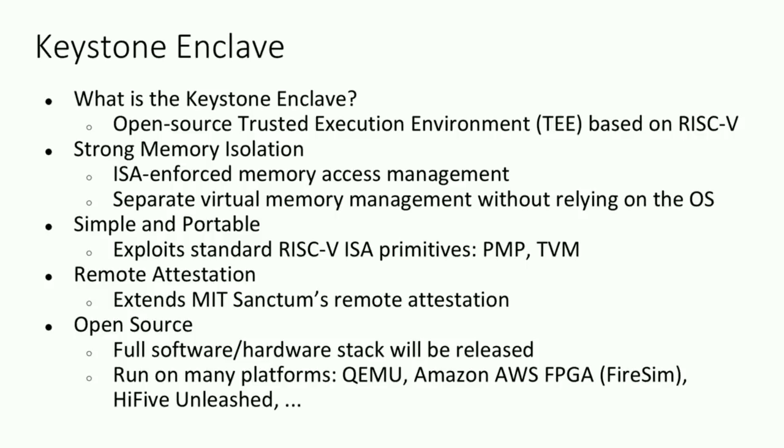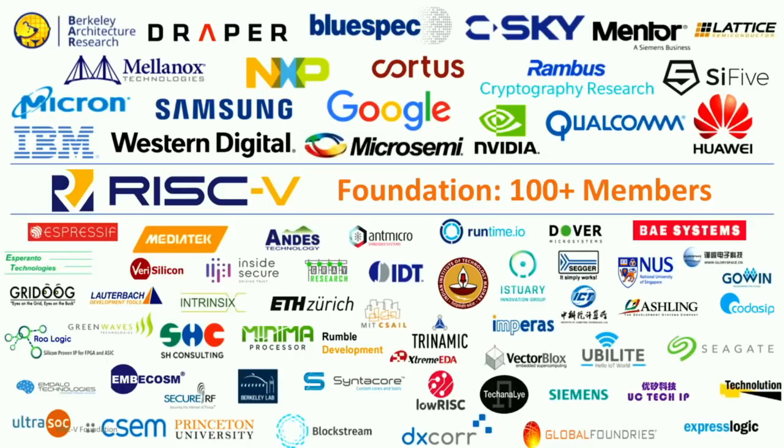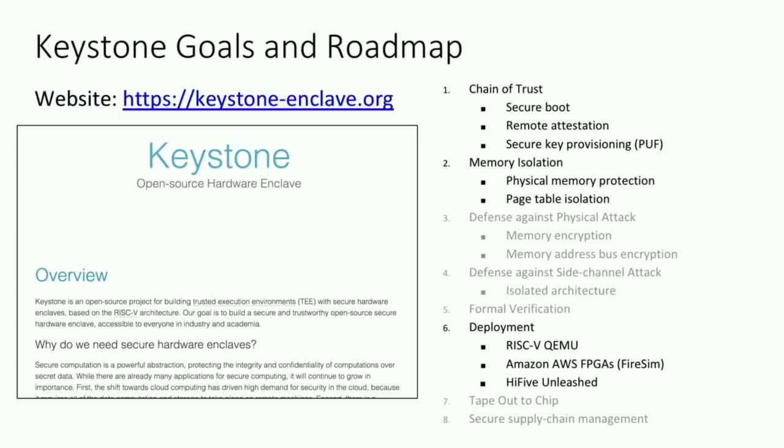We provide strong memory isolation and many other properties, with the goal to enable an open source secure enclave that can really be deployed, be manufactured by any manufacturer, and be used in the real world. RISC-V has actually been widely adopted in industry. The RISC-V Foundation has more than 100 members.